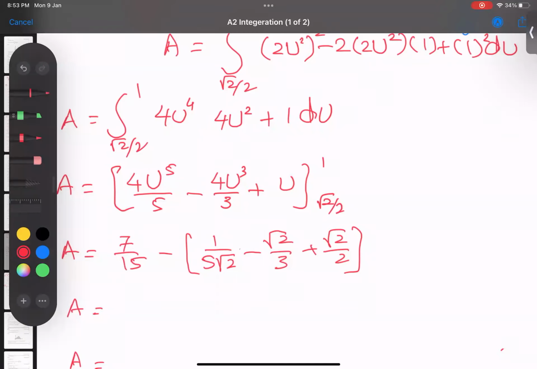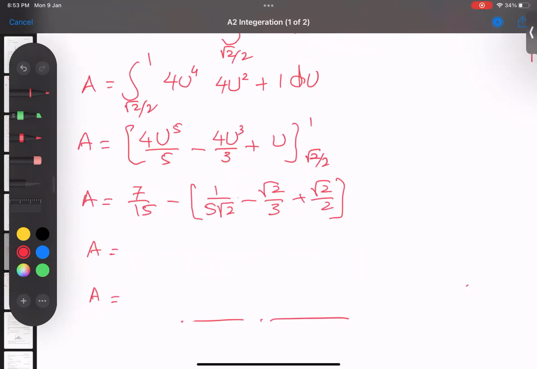Now, with a similar approach, I type the second function. So 1 divided by 5 root 2, and then a negative sign. Then I type again root 2 divided by 3, and then I type plus root 2 divided by 2.